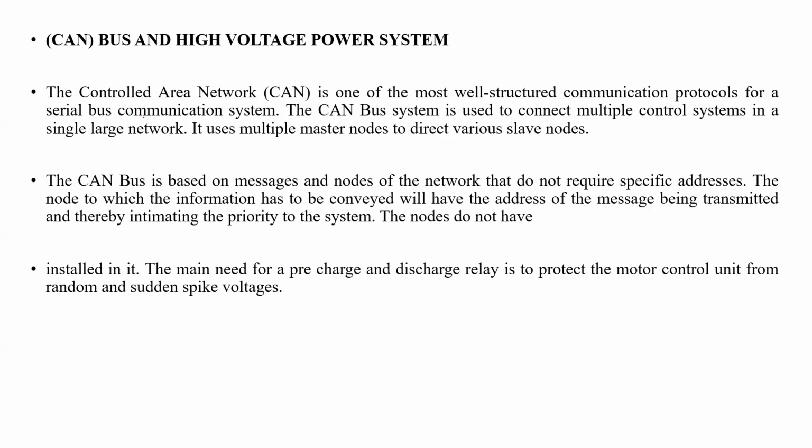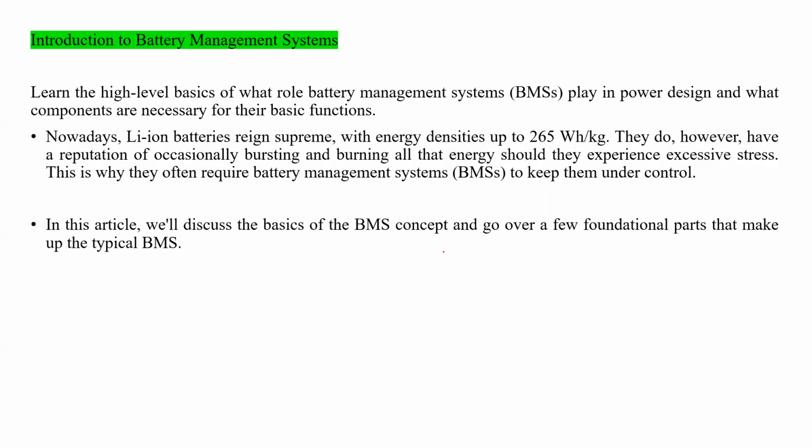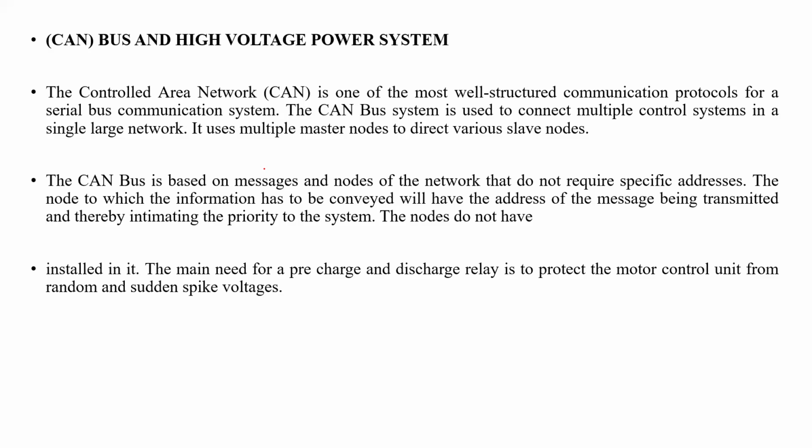CAN. Okay, CAN means what? Control area network. So what is the function of the control area network here? We have seen this in the last week. Okay, CAN bus, control area network bus. What is the function of this bus? The control area network bus is one of the most well-structured communication protocols for a serial bus communication system.